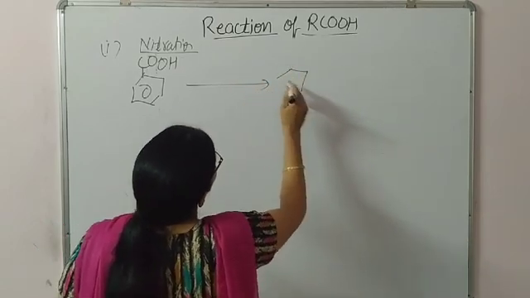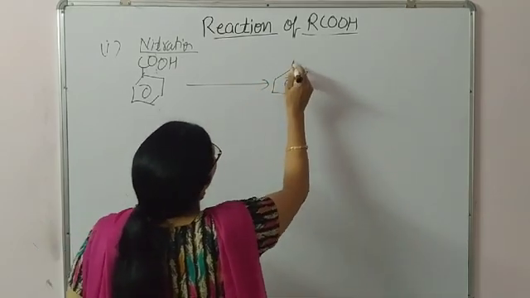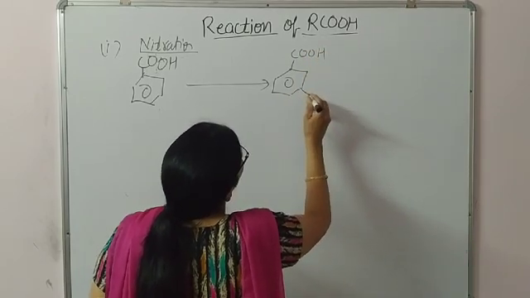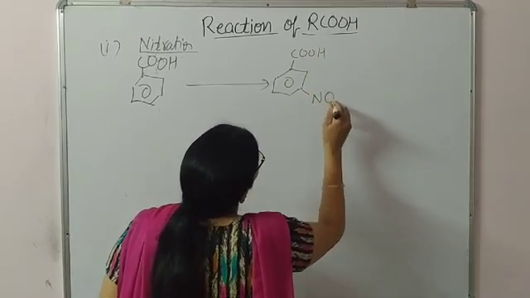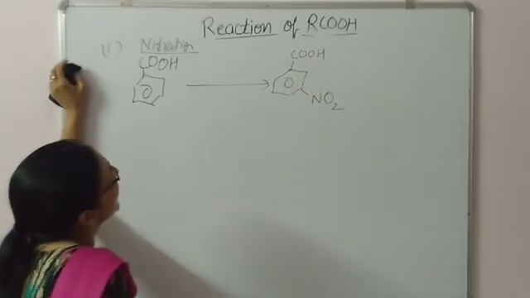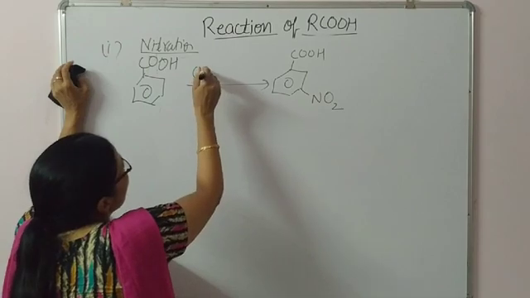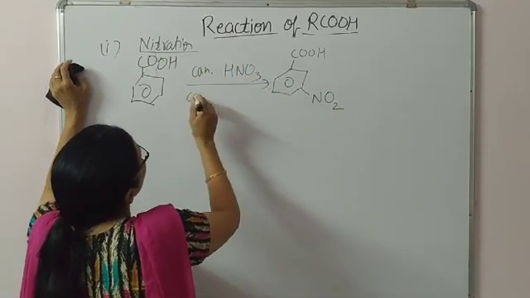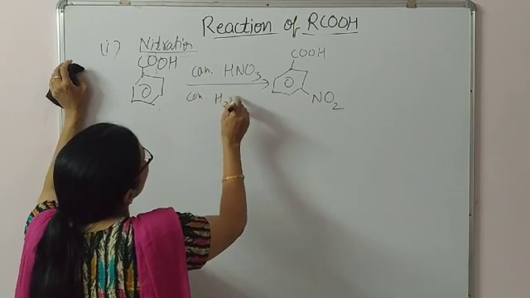So after nitration, what will you get? COOH will remain here, and in the product the NO2 group will be at the meta position. So 3-nitrobenzoic acid, and the needed reagents are HNO3 along with H2SO4.